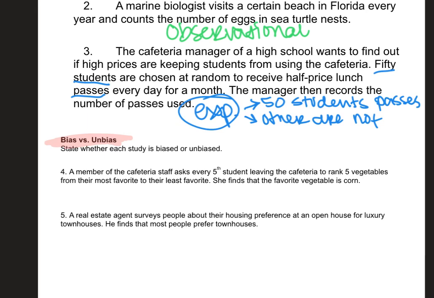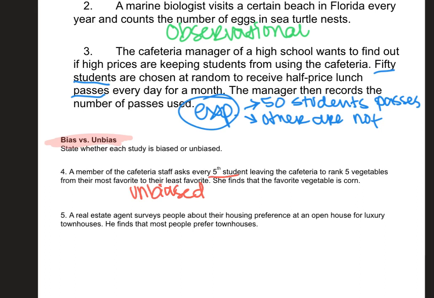She finds that the favorite vegetable is corn. This is going to be, can't spell today, unbiased, okay, because she's not favoring a certain group. She's just asking every 5th person who walks into the cafeteria, okay?